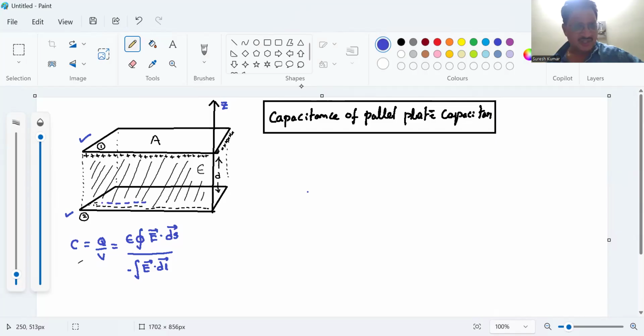It is an absolute value, so no need to consider the minus sign. And one more thing, as the charge is distributed on the plane, we need to consider surface charge density as rho s is equal to Q by A. This I am going to use in between the derivation. Step 1.